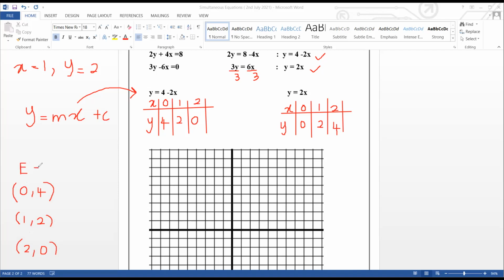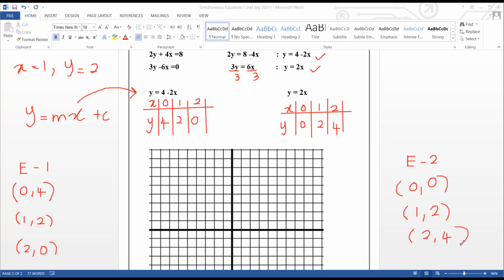Now I'll write my equation 2 coordinates here. There, it's 0, 0. Then I have 1, 2. Then 2, 4. Right?